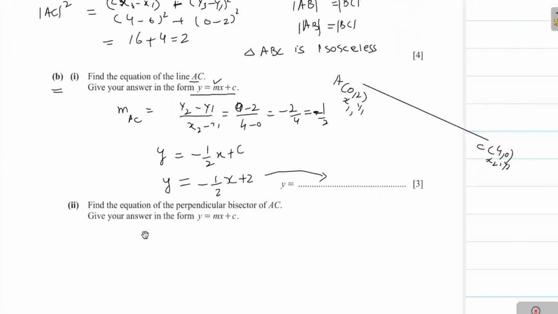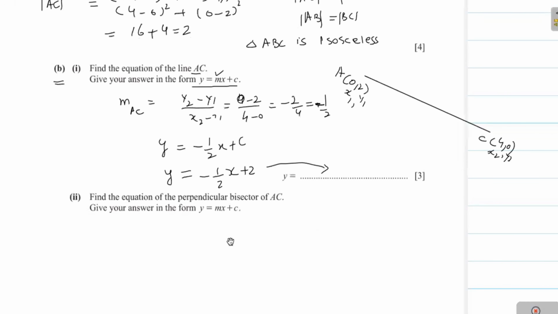Next, find the equation of the perpendicular bisector of AC. Give your answer in the form y equals mx plus c. You see here this line, which we name line L, is the perpendicular bisector of AC, and it passes through this point M, the midpoint of AC.